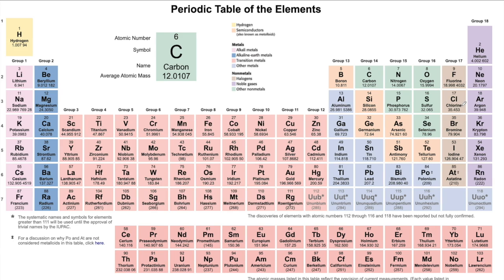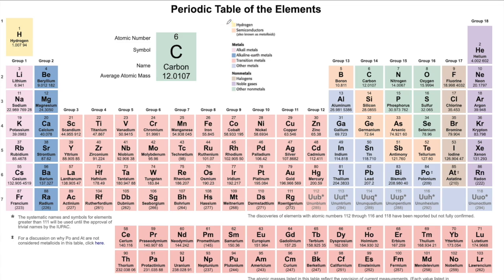The periodic law states that the physical and the chemical properties of the elements are a periodic function of their atomic number. What that means is that the elements in this periodic table have been arranged according to their atomic number. The atomic number of an element is equal to the number of protons present in the atom of the element.